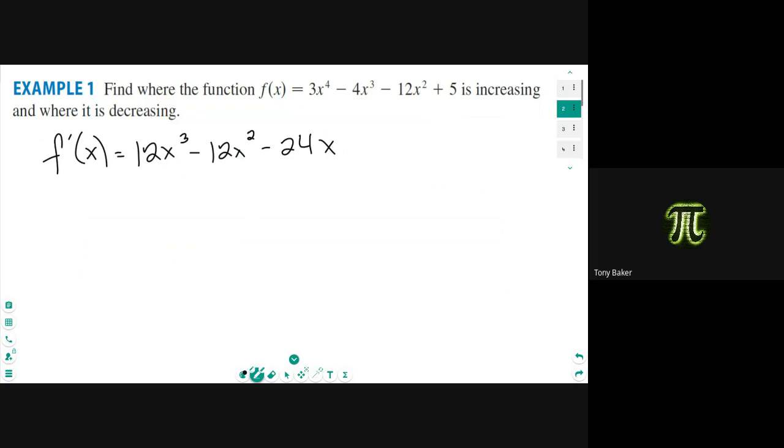Pull out the 12x. And then look at what you have. Good. That's it. Good.